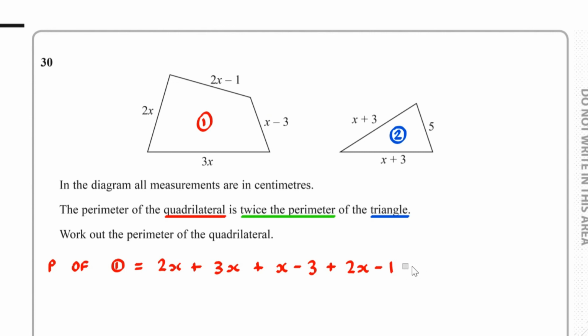The perimeter of 1 is equal to 8x minus 4.